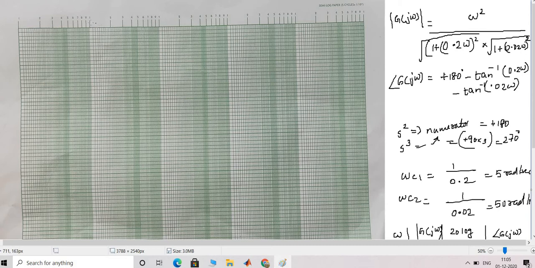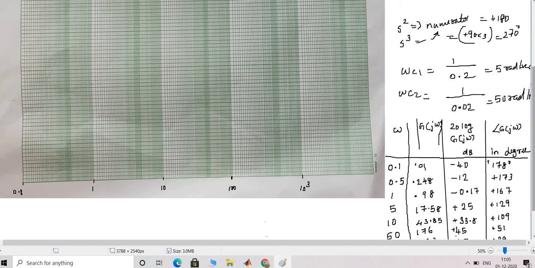Now this is the second one, corresponding to this one I can mark 1, corresponding to the next one, that is here, I can mark 10, here it will be 100, and here it is 10 raised to 3 or 1000.